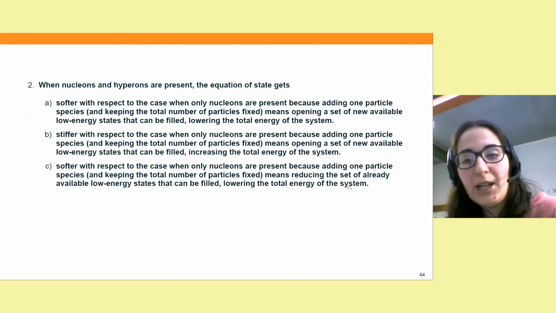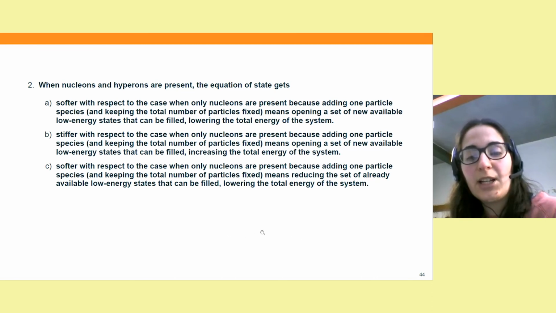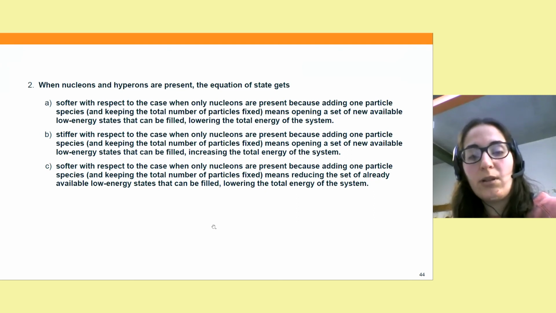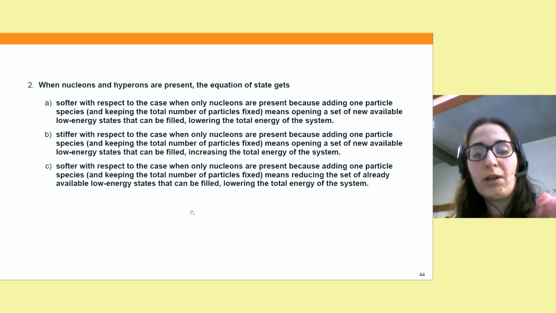We are introducing hyperons, right? So we have more states available that can fill their respective Fermi seas. We don't have only the nucleon Fermi sea, but also the Fermi seas for the hyperons, so that they are lower in energy than when we don't consider them. And so nucleons go to lower states in their Fermi seas. So the right answer is obviously A.